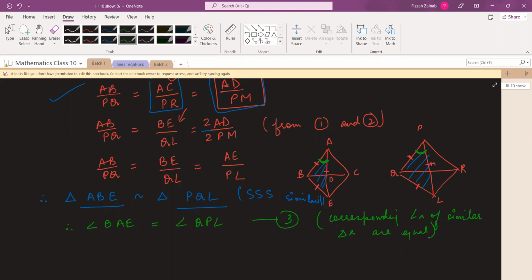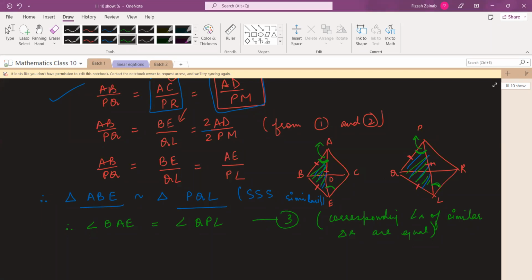Now, if I repeat the whole process again for the right side triangle, we are not going to show it again and again. We can simply write similarly. Getting it? So far, I have proved this left triangle to be similar, and therefore I'm getting this angle equal to this angle, correct? Now, if I repeat the whole process for the right side triangle, I can get this angle equal to this angle, isn't it?